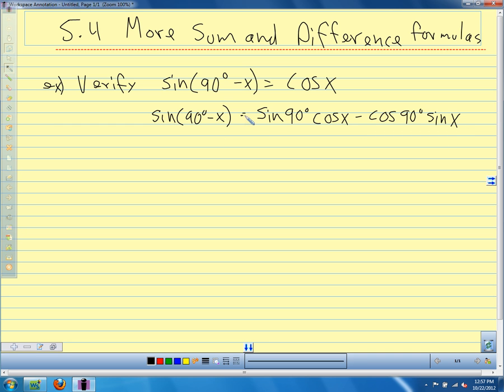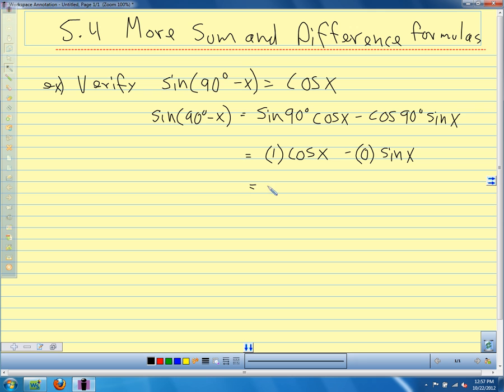And I can look on the unit circle, or if I remember, the sine of 90 degrees is, we're straight up at 90 degrees, the y coordinate there on our unit circle is 1. So this is just 1 times the cosine of x. And the cosine of 90 degrees is the x coordinate on my unit circle straight up at 90 degrees, which is 0, times the sine of x.